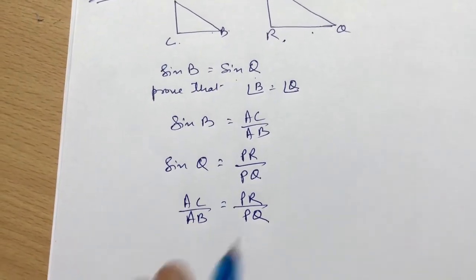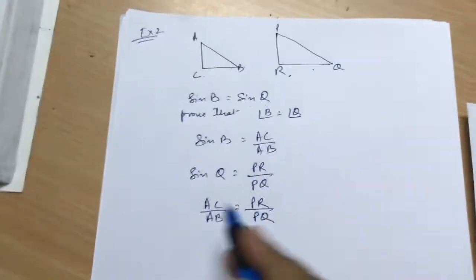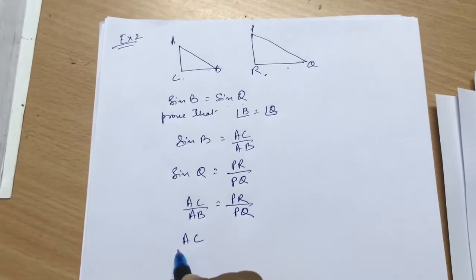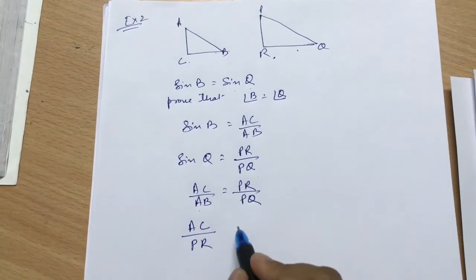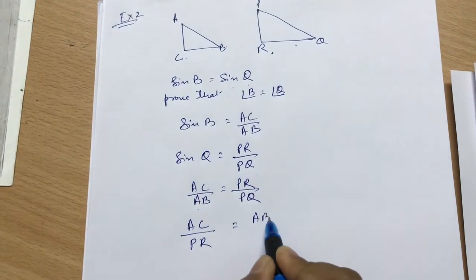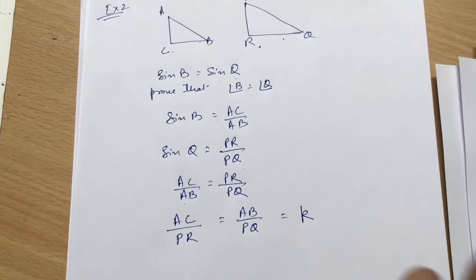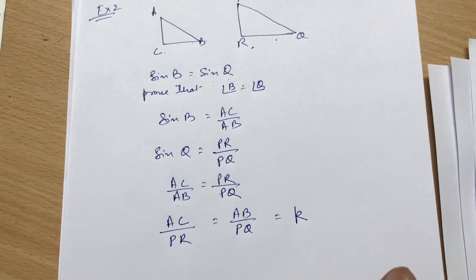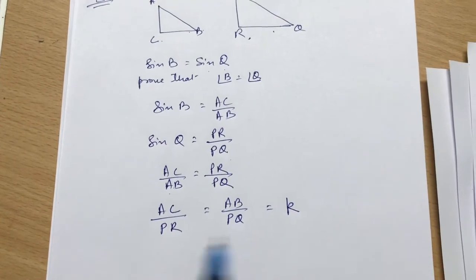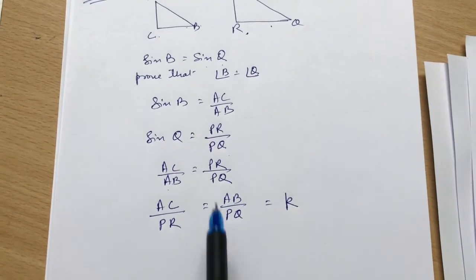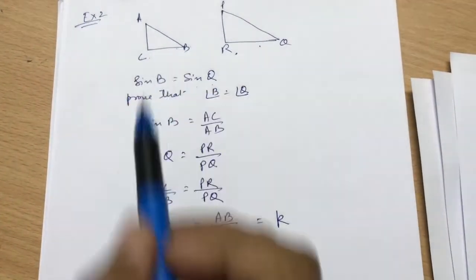I'll just simply interchange it. Let me write this as AC by PR, bringing this one here and this one there, is equal to AB by PQ. Let it be some constant K. Now using Pythagoras theorem for BC, what is BC? BC is the base.